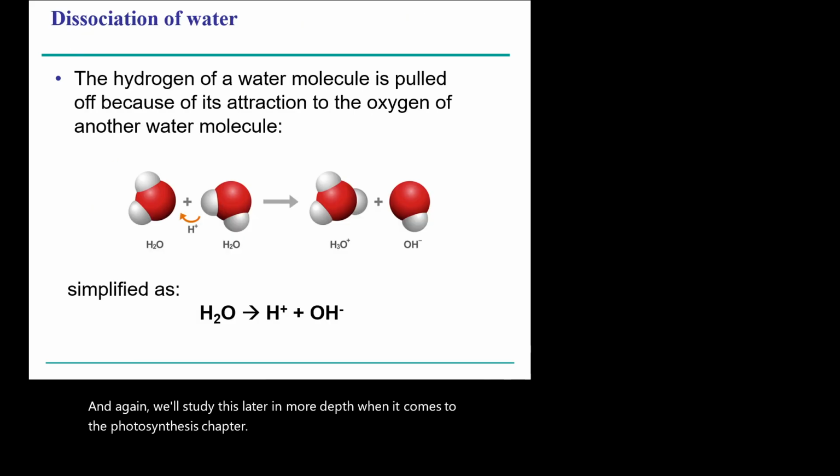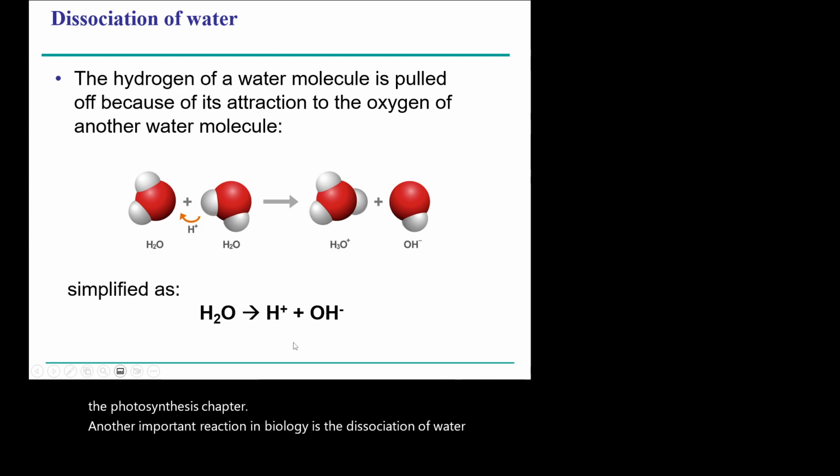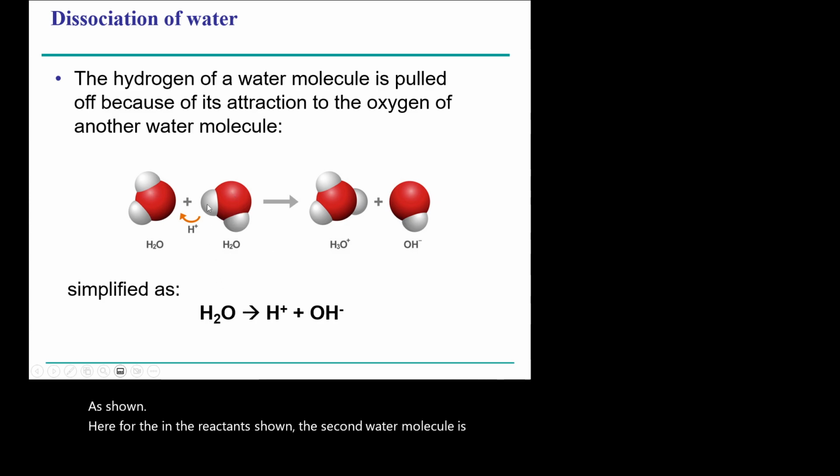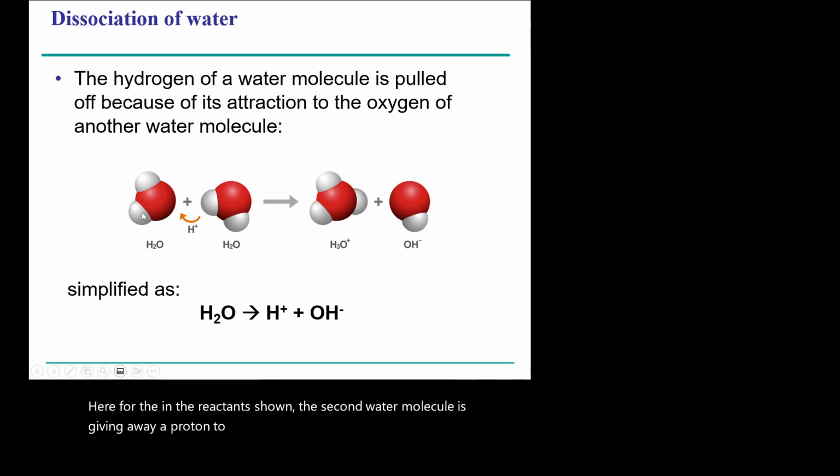Another important reaction in biology is the dissociation of water. Another name for this process is the self-ionization of water because water, H2O, can actually lose a proton, as shown here in the reactants. The second water molecule is giving away a proton to another water molecule.